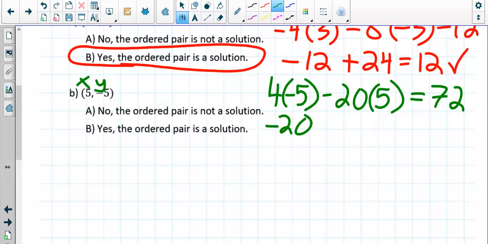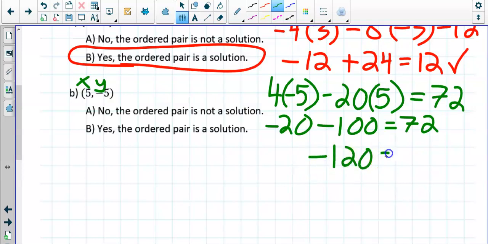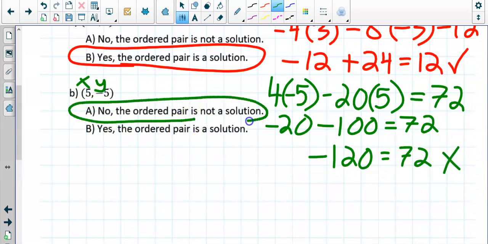Careful. That would be a -100 equals 72. No, that doesn't work. So -120 is not the same thing as 72. So we come up here. No, that one is not a solution to the problem. It is not an ordered pair solution.